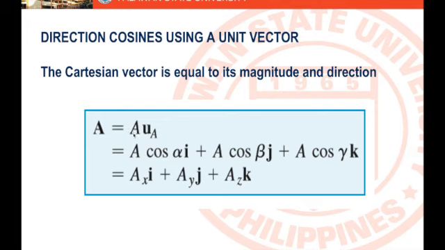If we multiply that by the magnitude A, this will just give us again the Cartesian vector form, which is ax i plus ay j plus az k. So these are the relations between our components and the direction angles or the direction cosines.